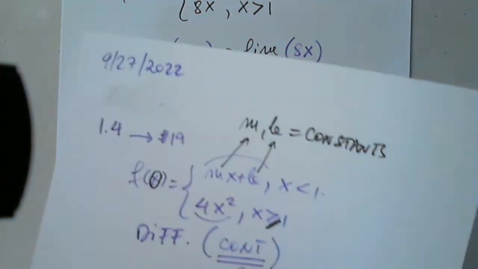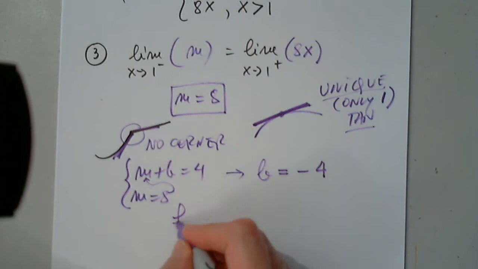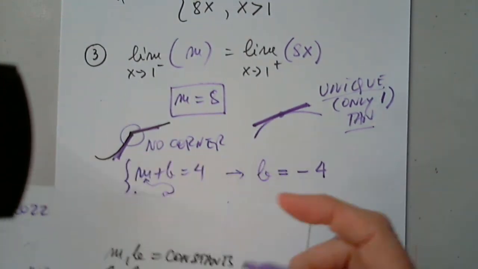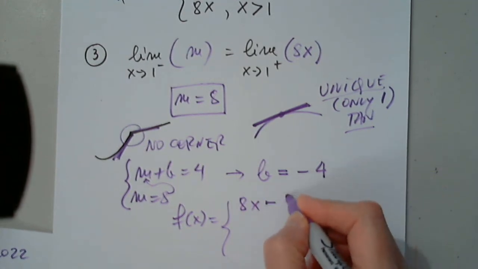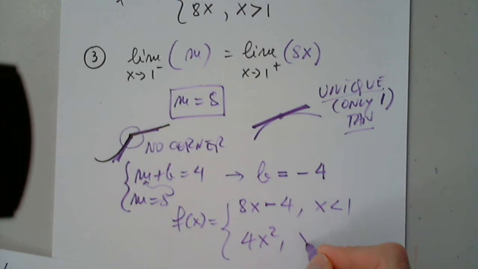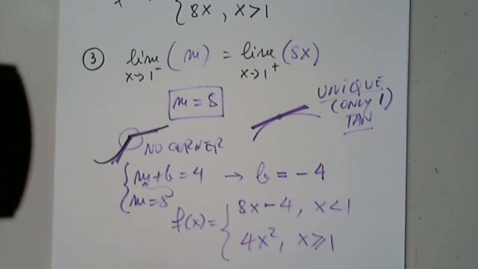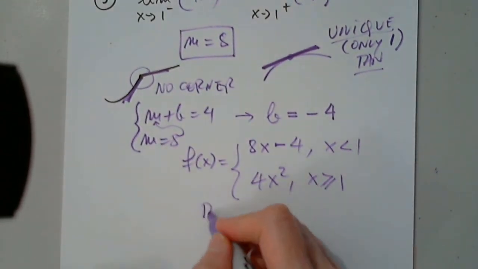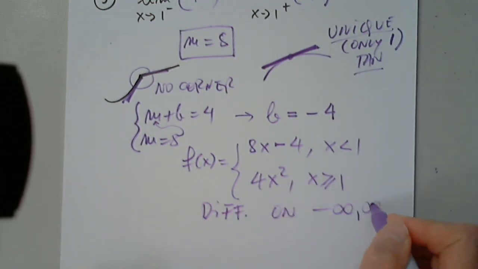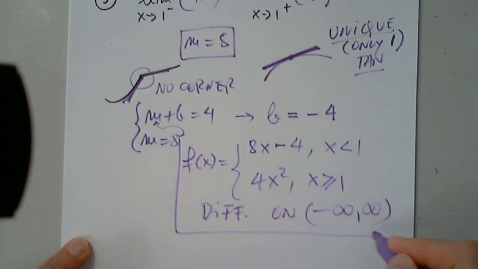So now it's guaranteed the following function, f of x equals m, which is 8, 8x minus 4 for x less than 1, and 4x squared for x greater than or equal to 1, is guaranteed differentiable on negative infinity to infinity. Guaranteed.